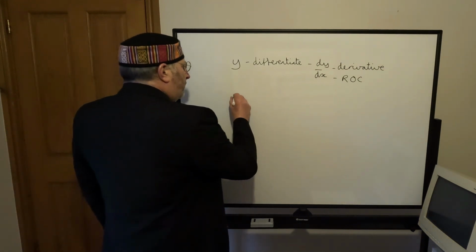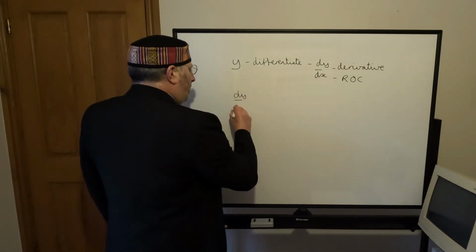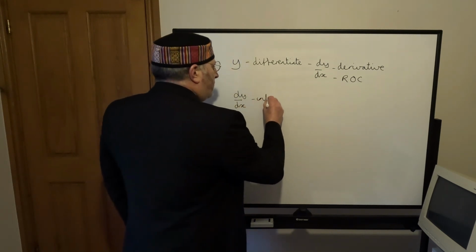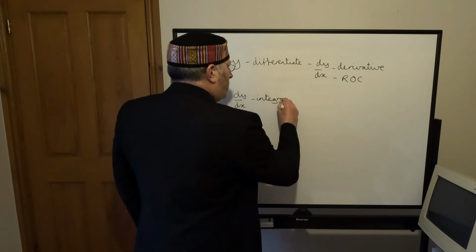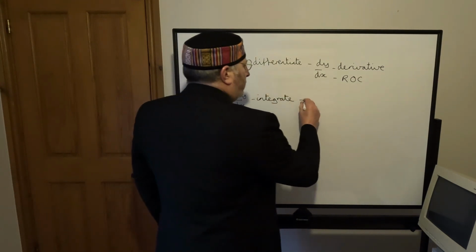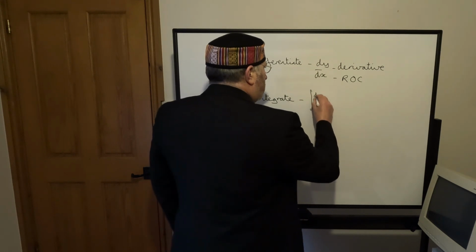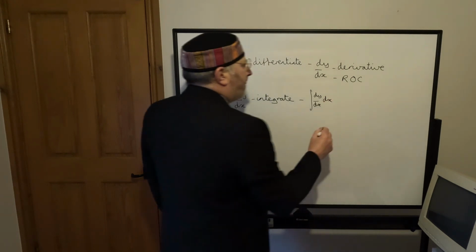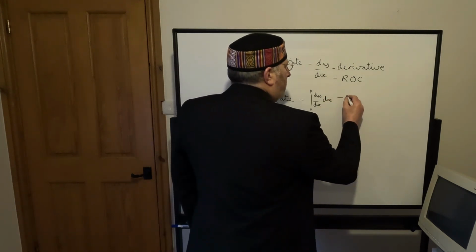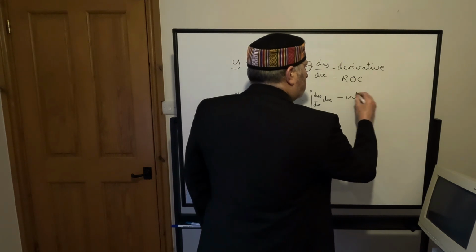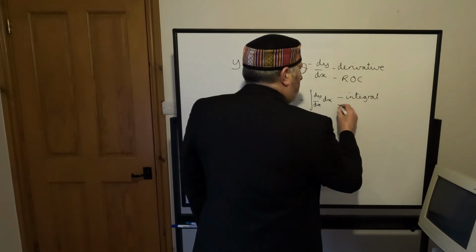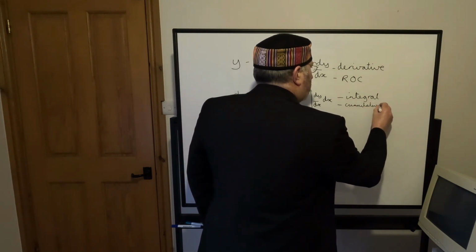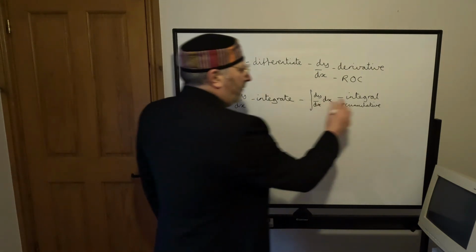And then if we've got a derivative dy by dx, we can integrate it with respect to x, which we write as the integral of dy by dx dx, and that is the integral, and it corresponds to the cumulative sum of all the changes.